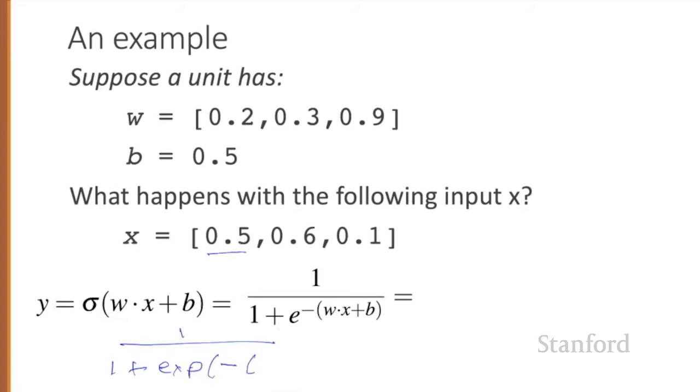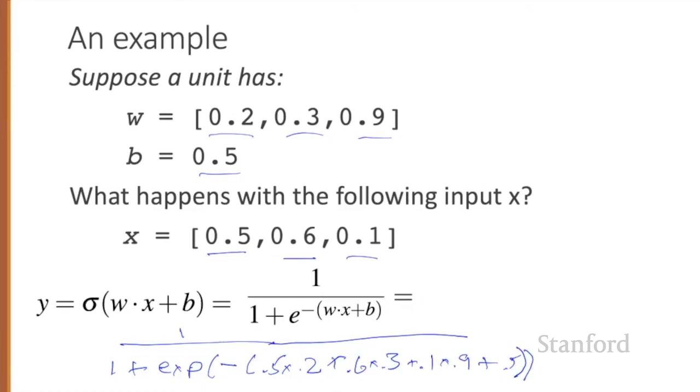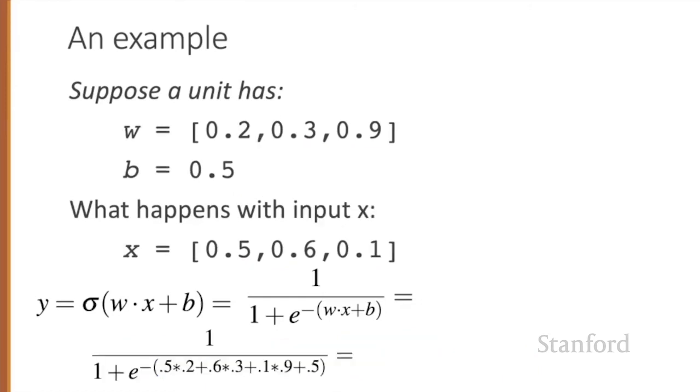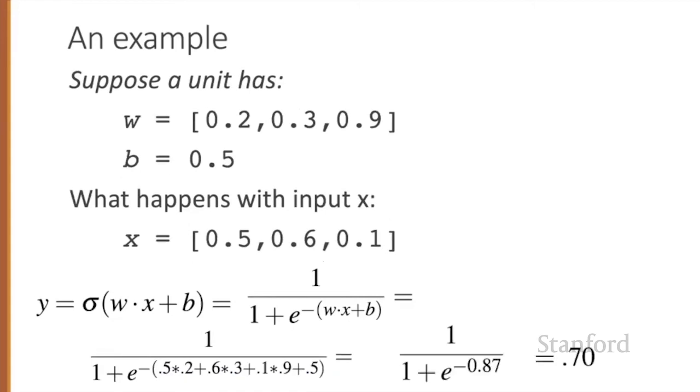We'll have 0.5 times 0.2 plus 0.6 times 0.3 plus 0.1 times 0.9 plus the bias. And if we just run that computation, we get 1 over 1 plus e to the negative 0.87, so our sigmoid output for this particular input is going to be 0.7.